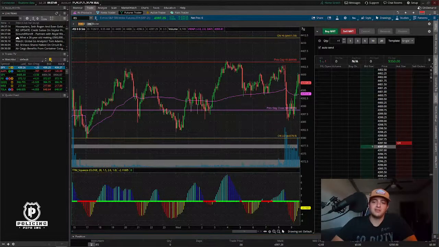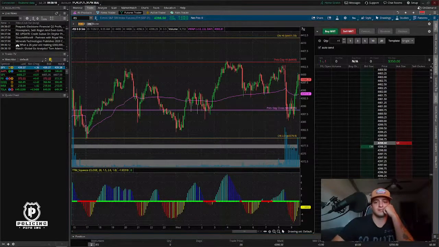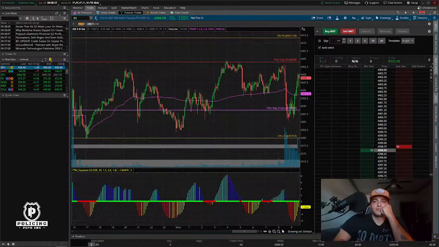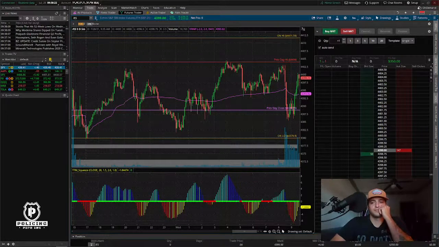Yeah, one tick in the MES could get my shit done, but I don't think I'm going to try to kill myself on this. Let's see if I can find the MES even on TopStep. MES.